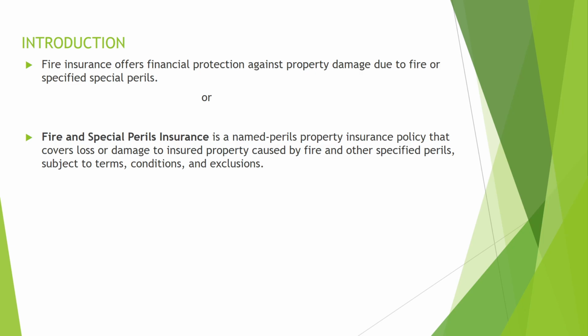So first let us see the introduction about fire and special perils policy. What it means: fire and special perils insurance is a named perils property insurance policy that covers loss or damage to insured property caused by fire and other specified perils, subject to terms, conditions and exclusions.